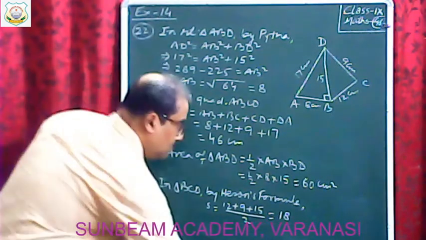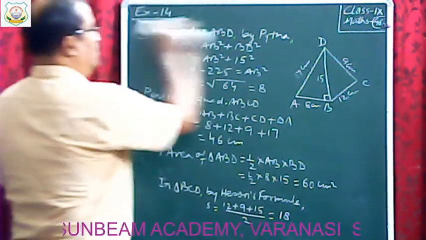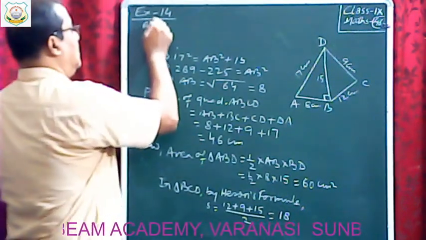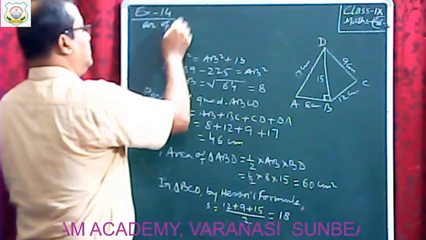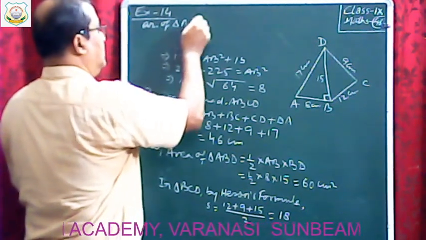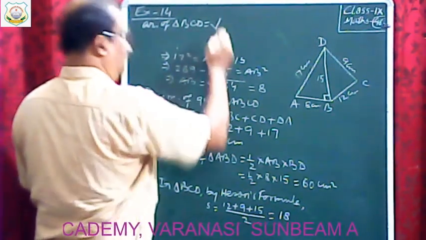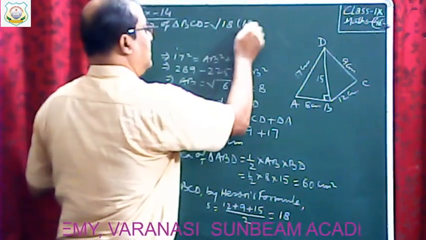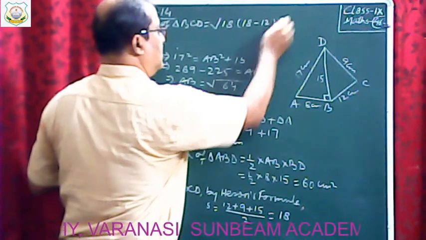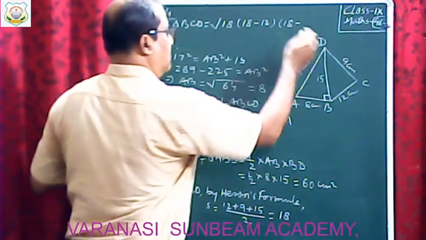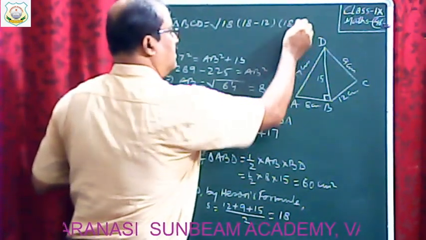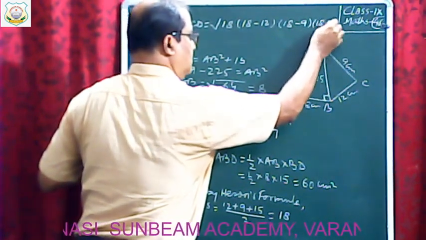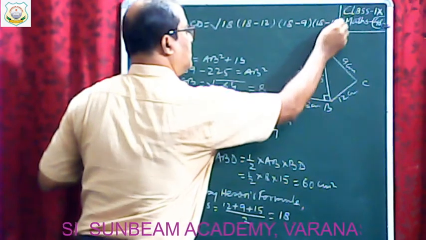Now thereafter you have to use the formula, that is area of triangle BCD equal to square root of S, that is 18, thereafter S minus A, one side, 18 minus second side 9, and 18 minus 15.